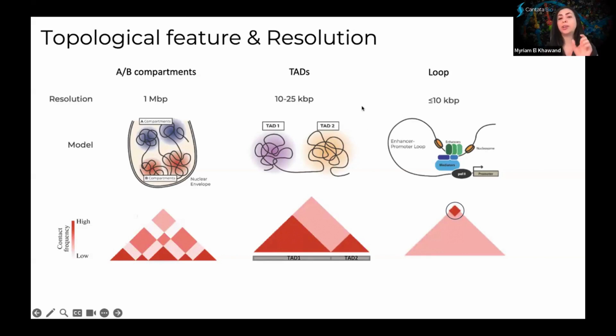If you wanted a closer look and you're aiming for TADs, you're looking at 10 to 25 kb resolution, so a little bit higher resolution than what you start with for AB compartments. And the way you will see these TADs in a Hi-C map is as triangles. What this is showing is that you have more interactions within the same TAD than you have interactions with sequences outside of that TAD.